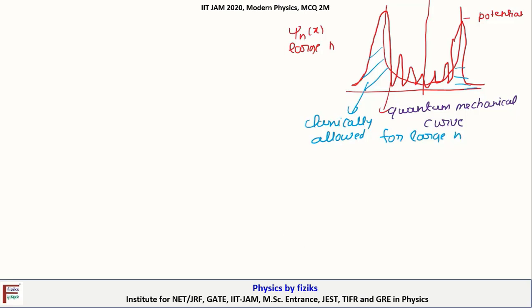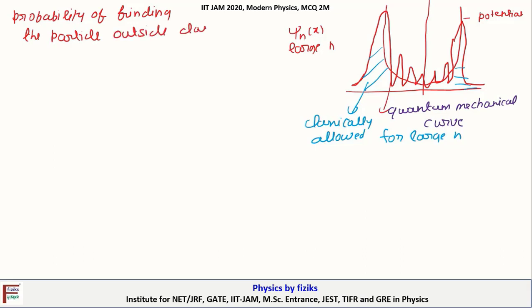So in this problem, the question is asking the probability of finding the particle outside the classical region. Now, let us assume the turning points are A0 and minus A0.